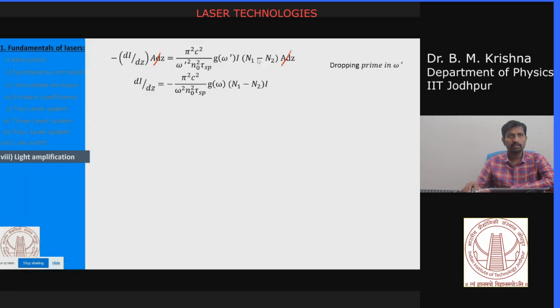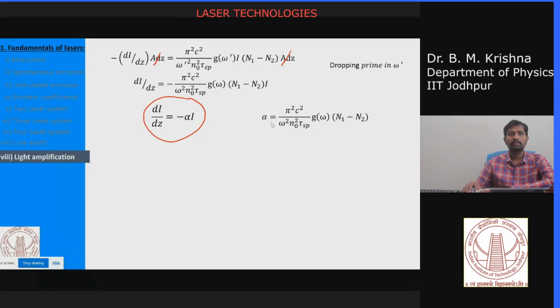Now the resultant term is minus pi square c square omega square n naught square tau sp g of omega (N1 minus N2) I. So I will write this equation as dA by dz equals minus alpha I. If you remember, this equation we already discussed in the early section on optical absorption. So now we derived how this equation comes.